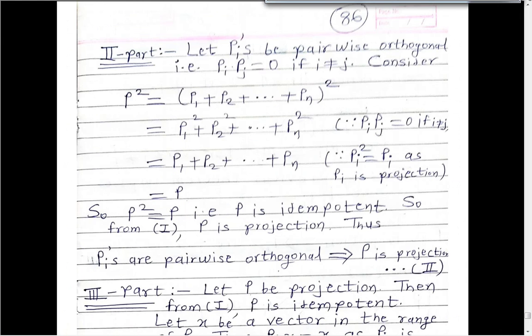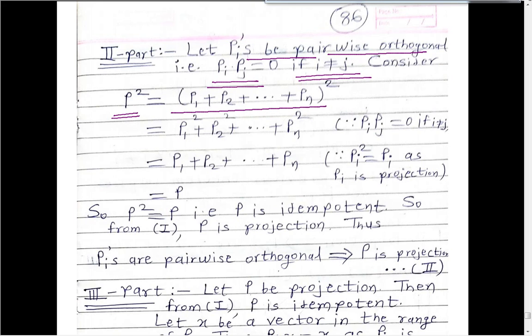Now let us go through the second part. In the second part, we assume that the Pi's are pairwise orthogonal, that is Pi composition Pj is equal to 0 if i is not equal to j. So consider P square, which is equal to (P1 plus P2 plus ... plus Pn) square. As they are pairwise orthogonal, we can easily observe that this evaluates to P1 square plus P2 square plus ... plus Pn square.